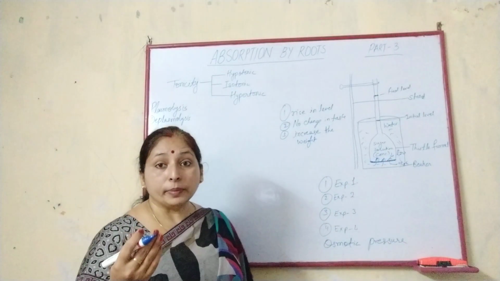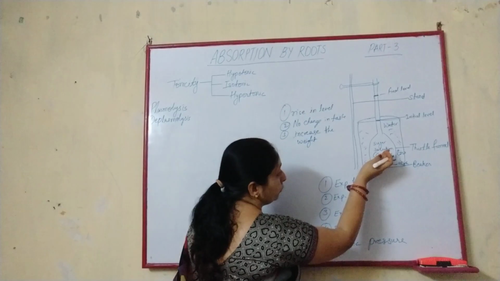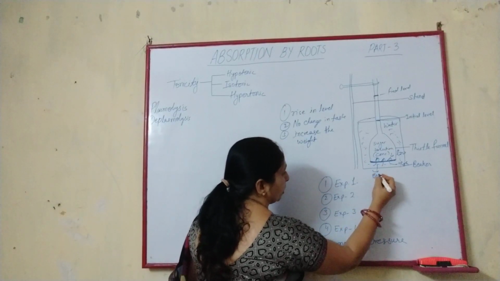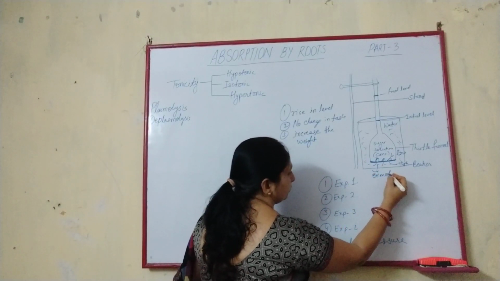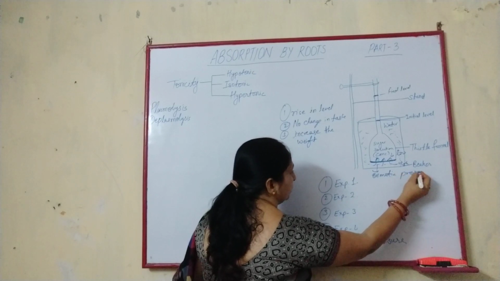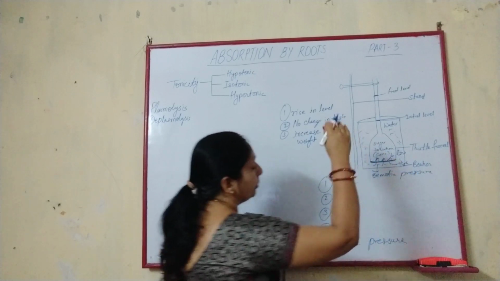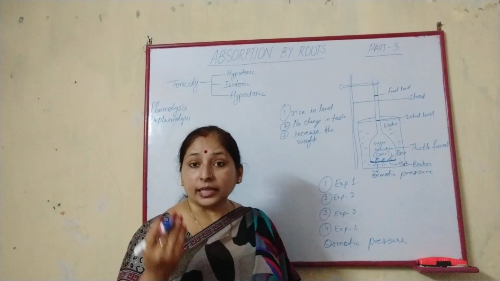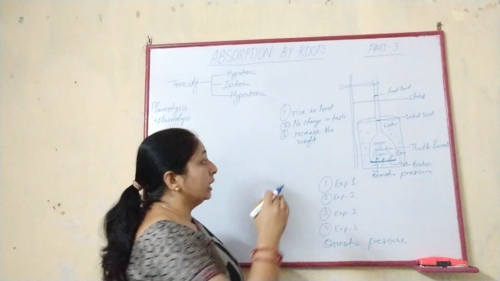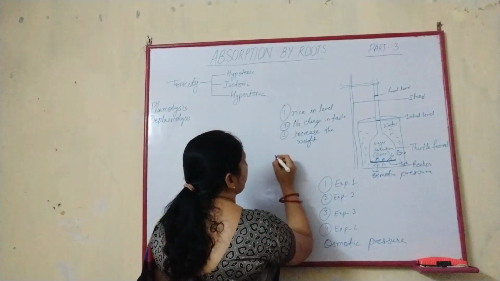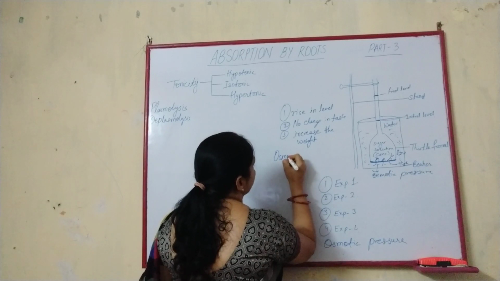That pressure exerted by the fluid is the osmotic pressure, and the pressure of the column is just like wall pressure.